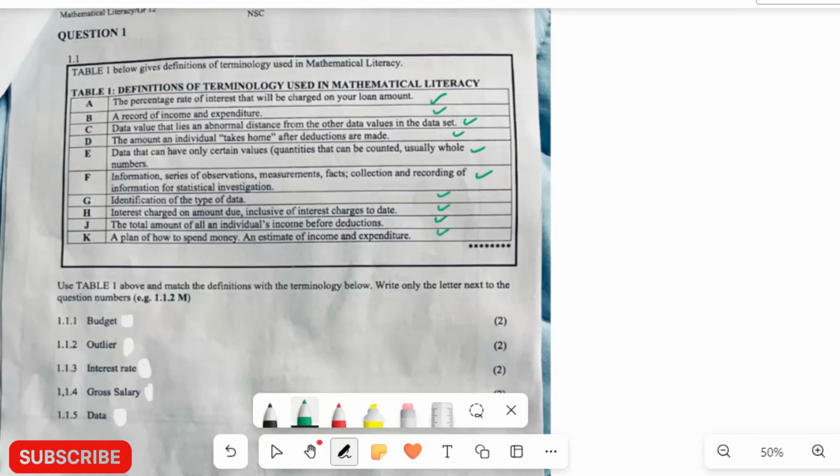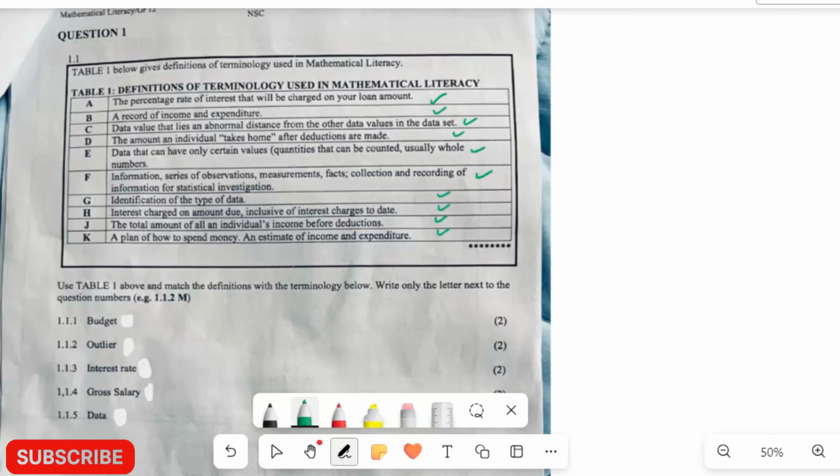All right, so here is the instruction. They say use table 1 above and match the definition with the terminology below. Write only the letter next to the question number, e.g. 1.1.2 M. And we know that we don't have M on the table above. So 1.1.1, we want the definition of budget. What does it mean to budget? When I look at all these definitions, budgeting is planning how you are going to use your money.